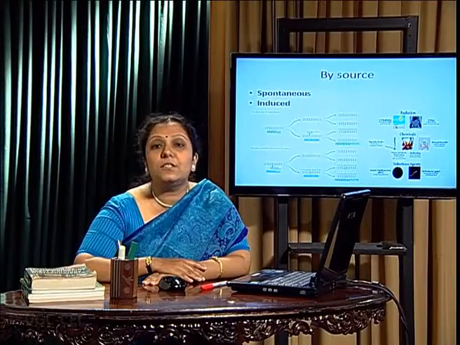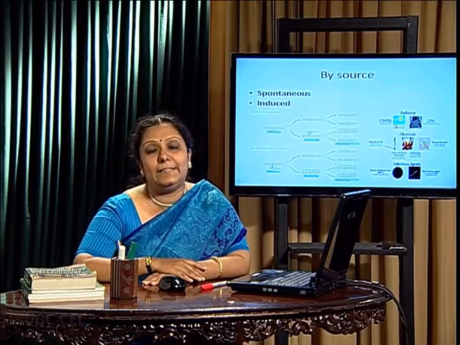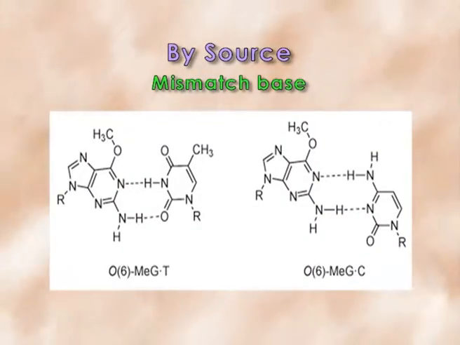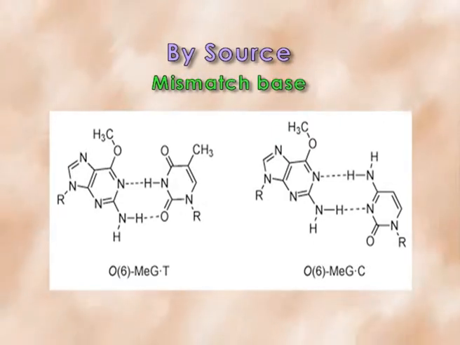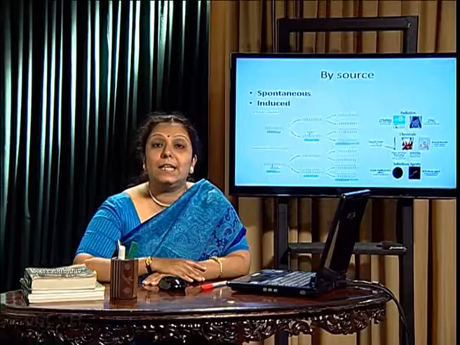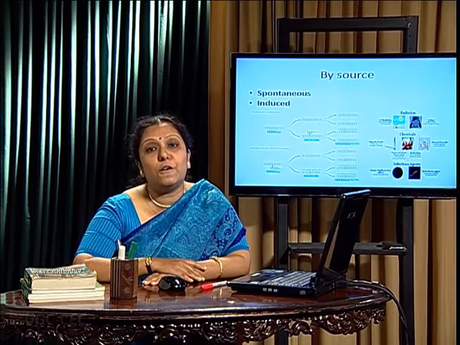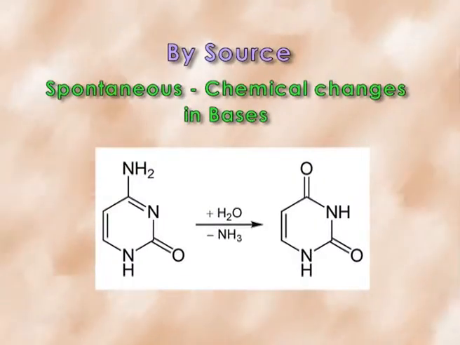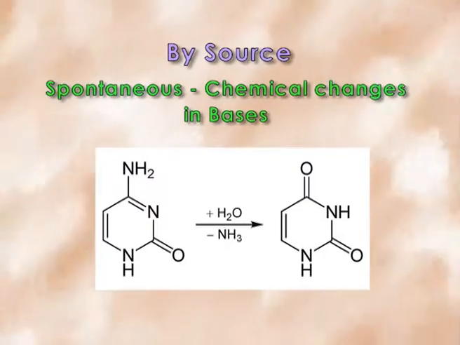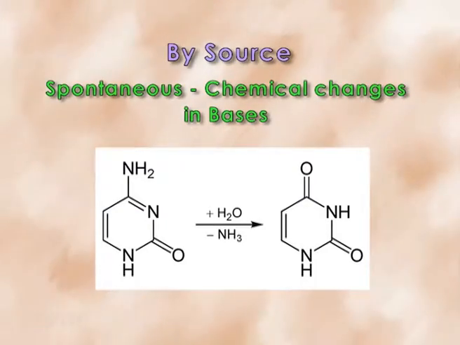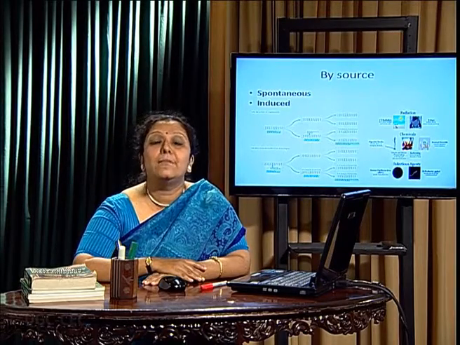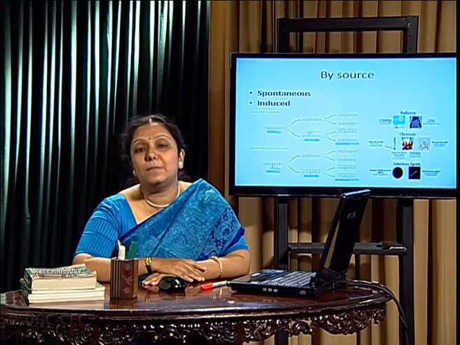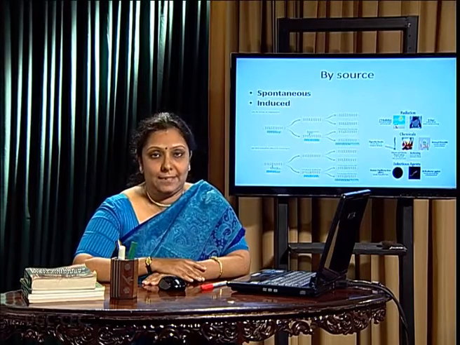By inefficiency of DNA polymerase proofreading activity, the mismatch base can be incorporated, which is the target for the mismatch repair system. Apart from that, there are so many chemical modifications of the bases which are spontaneous, like spontaneous oxidation, spontaneous deamination, spontaneous tautomerization, etc., by which they have mispairing bases, which must be the target of the repair system.